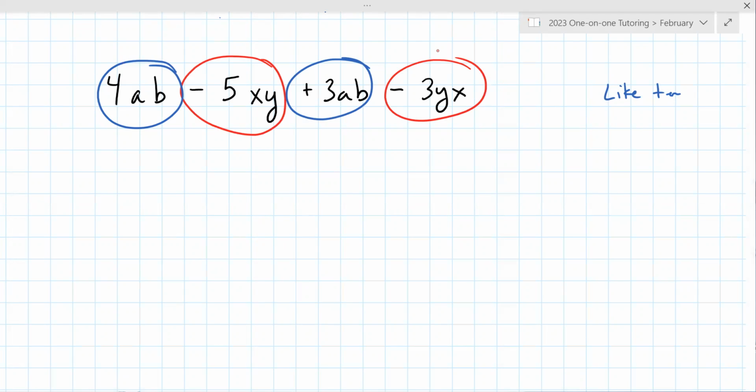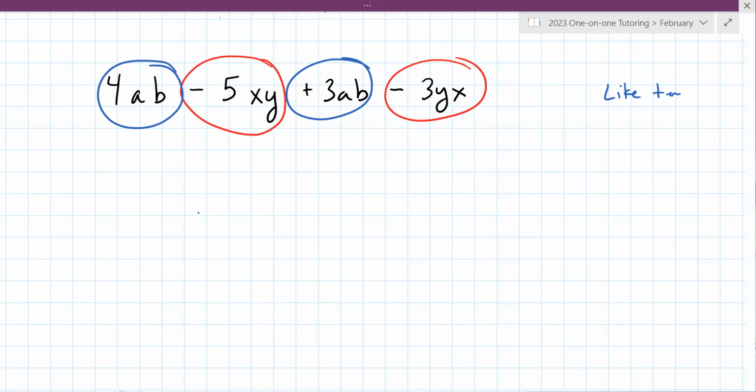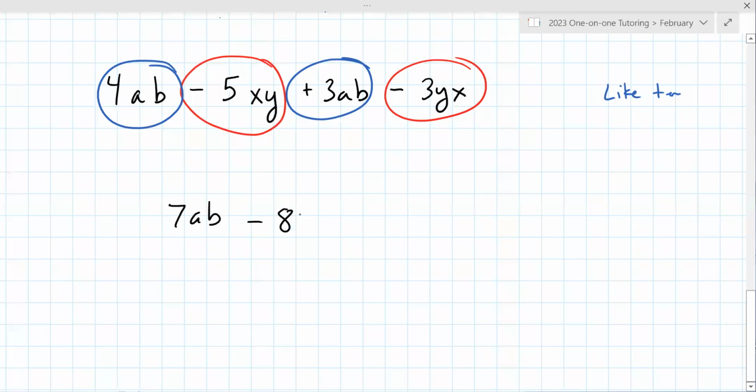We're real close. 7AB plus negative 8xy. Yeah, very good.